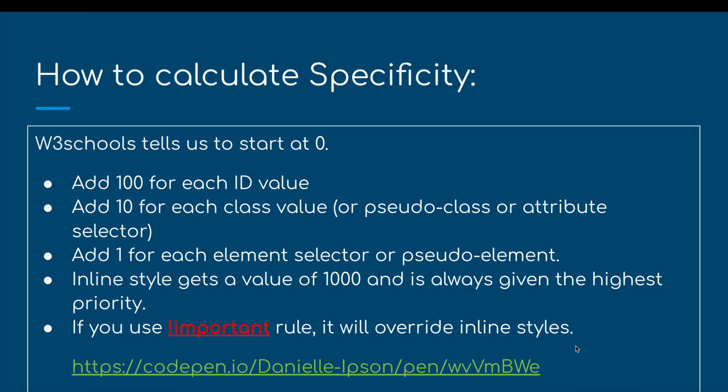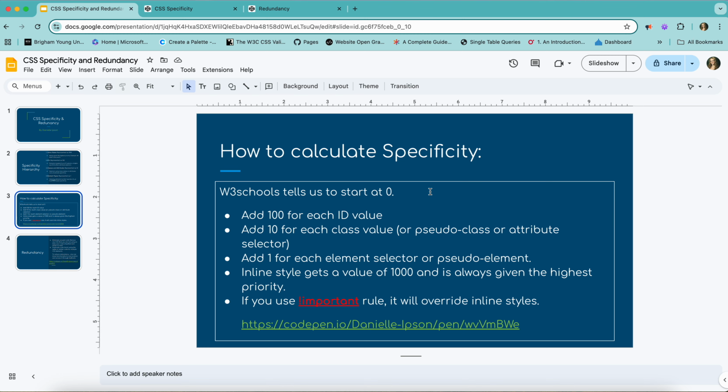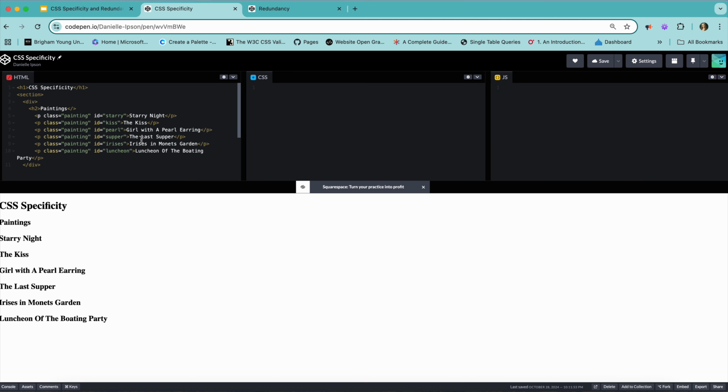Again, just as a reminder, inline style is always given the highest priority. You can use the important rule, and that will override inline styles. And I will show you an example of this. So let's come over to my little example.